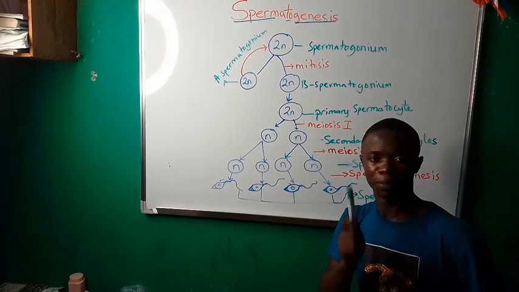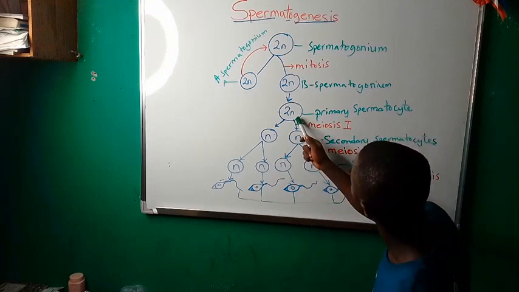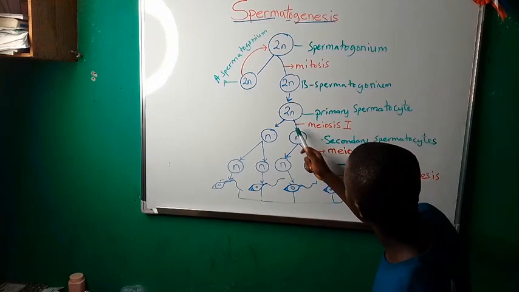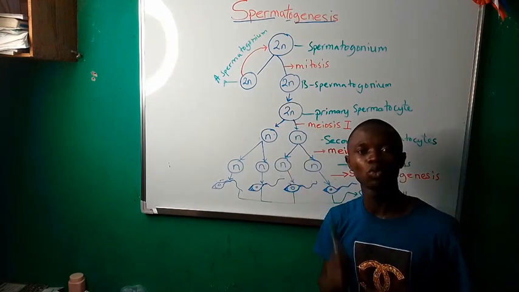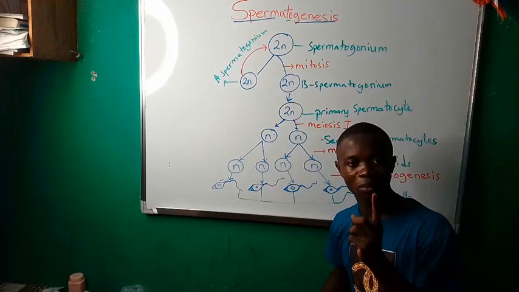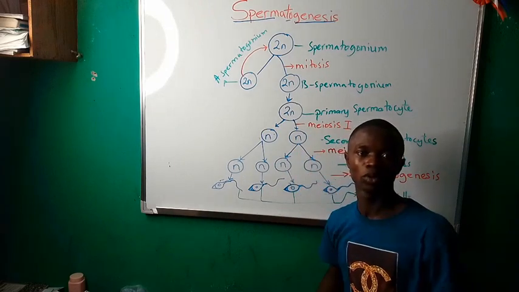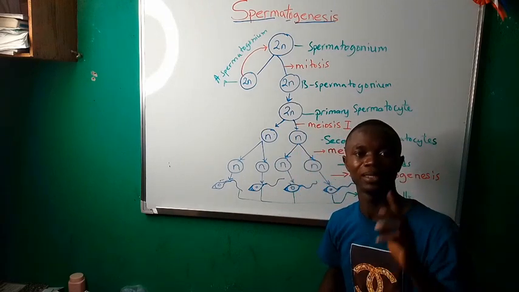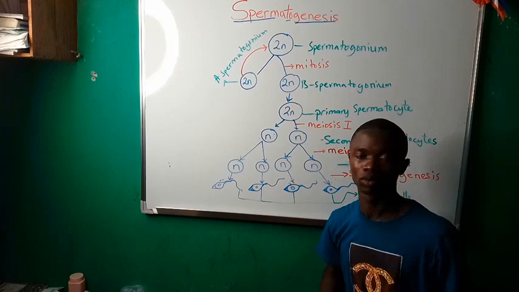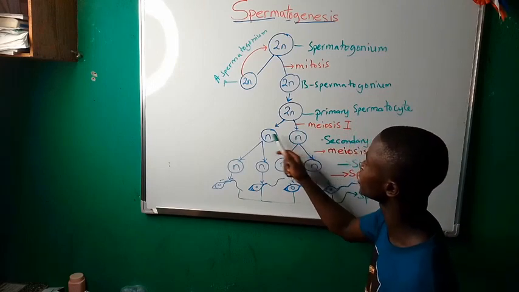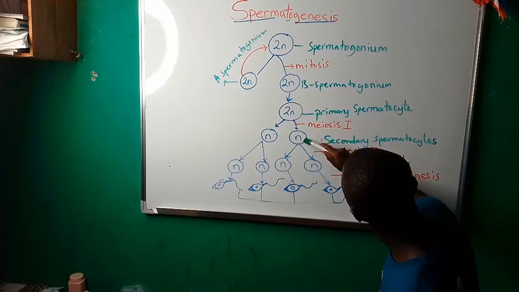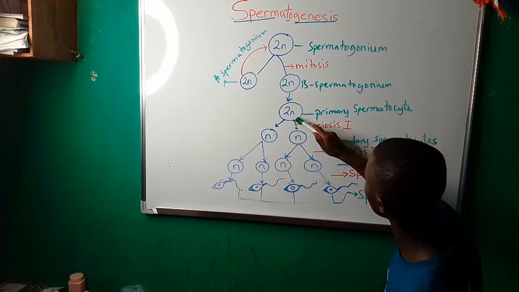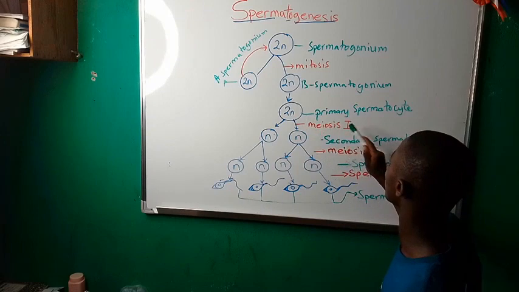In the second step, the primary spermatocyte divides into 2 daughter cells. But these 2 daughter cells are no longer maintaining the diploid number of chromosomes. They are now haploid. They maintain 1 set of chromosomes. Each of the daughter cells carries half, 1 set. So from primary spermatocyte to secondary spermatocyte, this entire process is called meiosis 1.